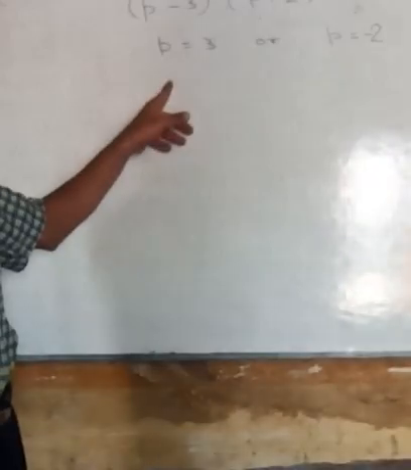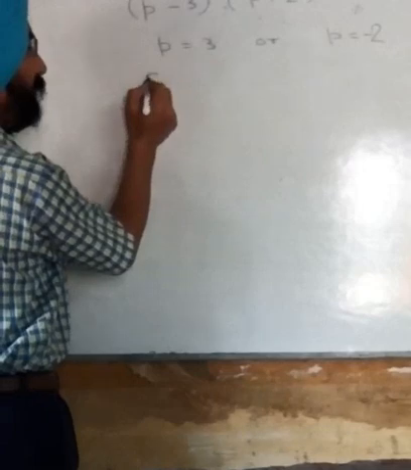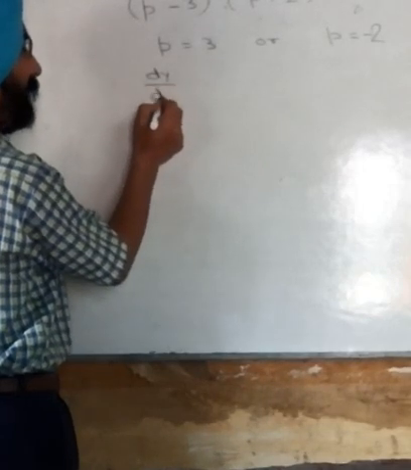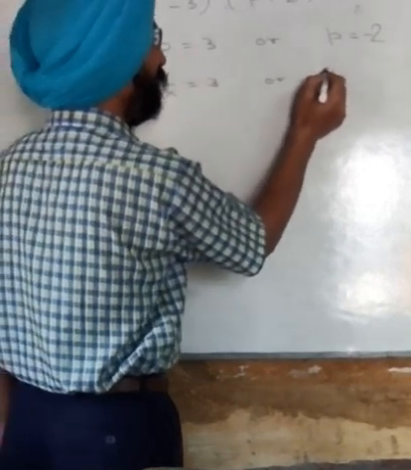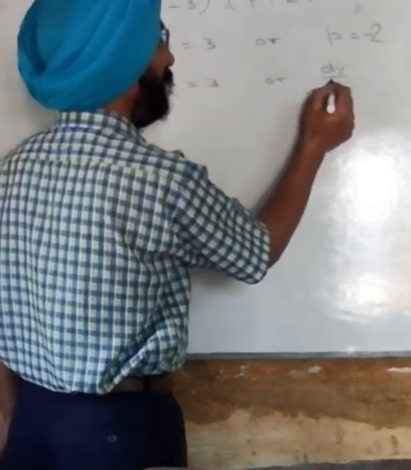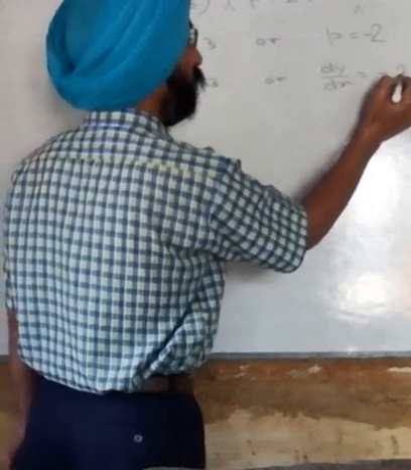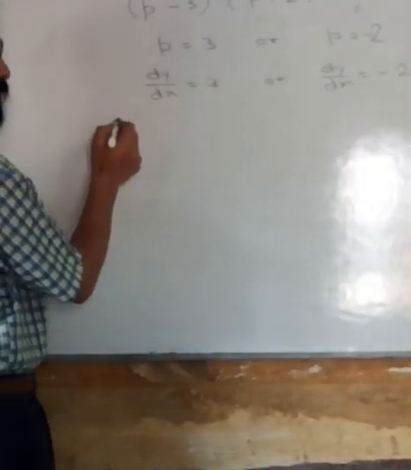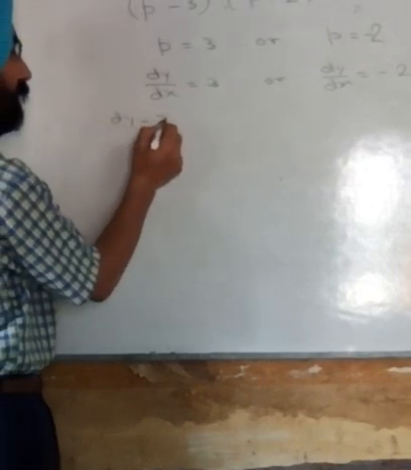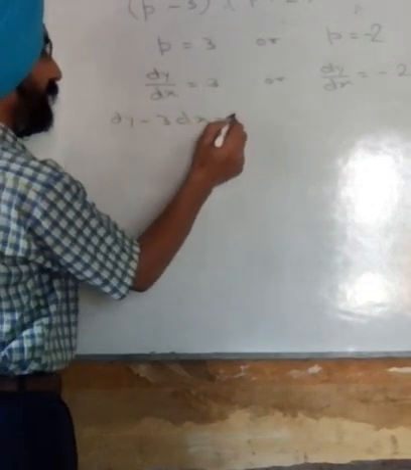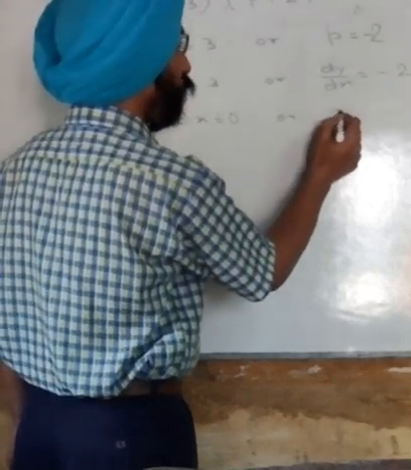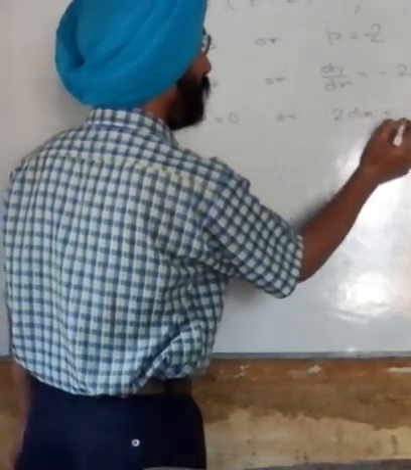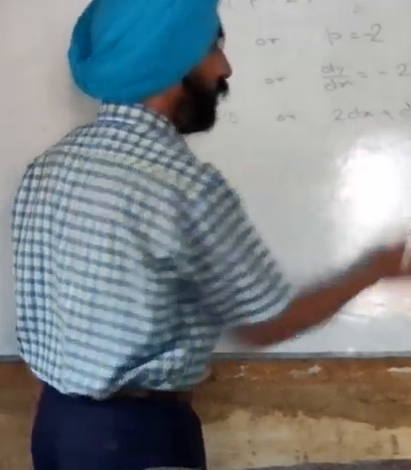Now, what is our p? Our p is actually dy by dx, so dy by dx is equal to 3, and here we will get dy by dx is equal to minus 2. This can also be written like dy minus 3 dx is equal to 0, or this can be written like 2 dx plus dy is equal to 0.